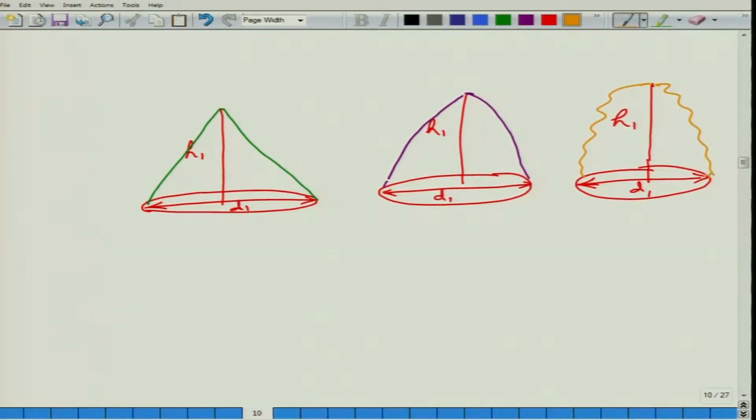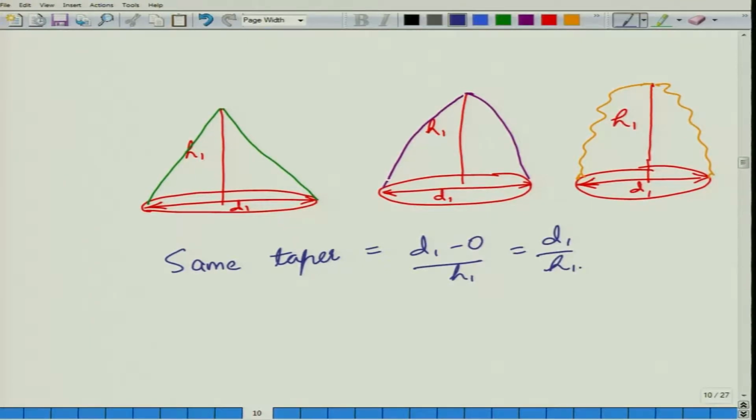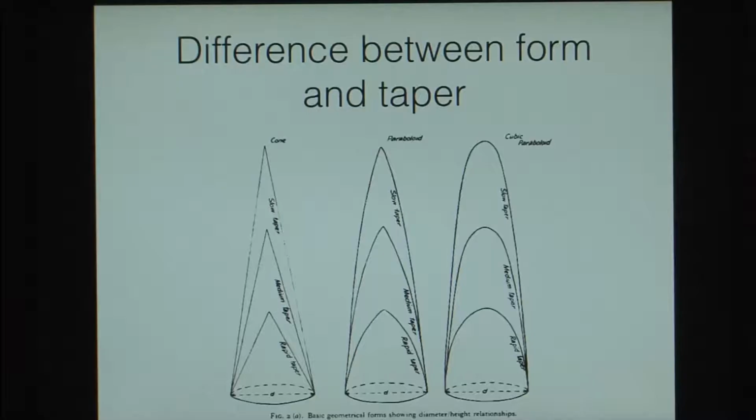Now, in all these three cases we would be having the same taper, which would be equal to d1 minus 0 upon h1 is equal to d1 upon h1. So, all these three are having the same taper, but these are different forms. So, coming back to the slide, here also we can observe that we have different forms for the same taper and different tapers for the same form.